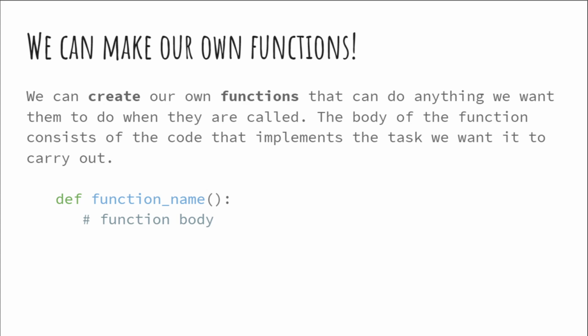So another interesting thing we can do is make our own functions. When we do this, we use this template that you can see here. And these functions can do whatever we want them to. There's no constraints on what these functions are allowed to do. The body of the function, which is indicated there with the comment function body, is whatever code we want to run over and over again, right?